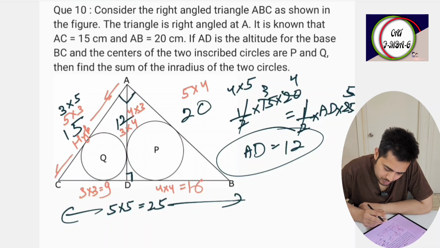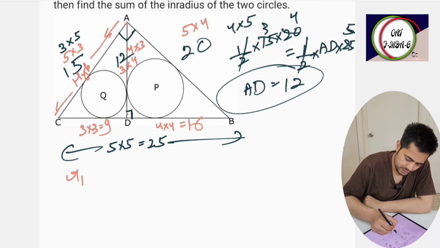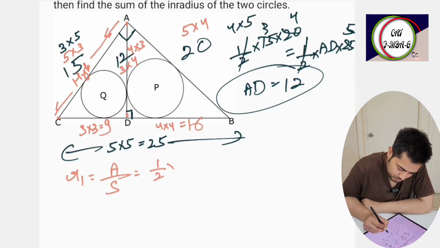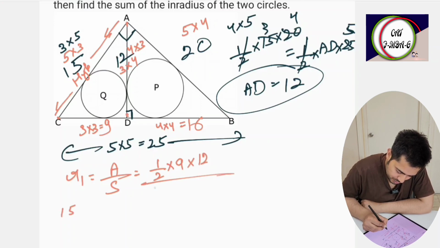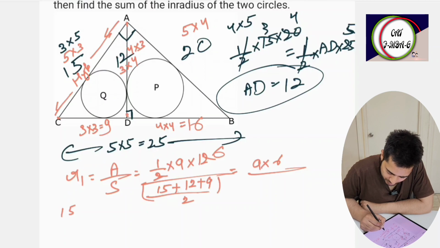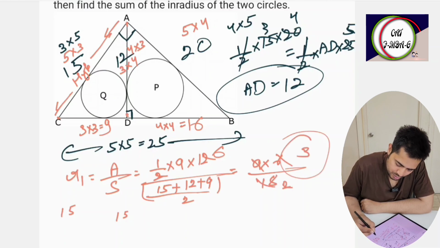What we have to do is find out the inradius. So inradius 1, for triangle ADC, can be given as area by semi perimeter. Area is half into base into height divided by semi perimeter, which is 15 plus 12 plus 9 divided by 2. So 9 into 6 divided by 36 by 2, which is 18, so 9 to 18, so 3. R1 is 3.